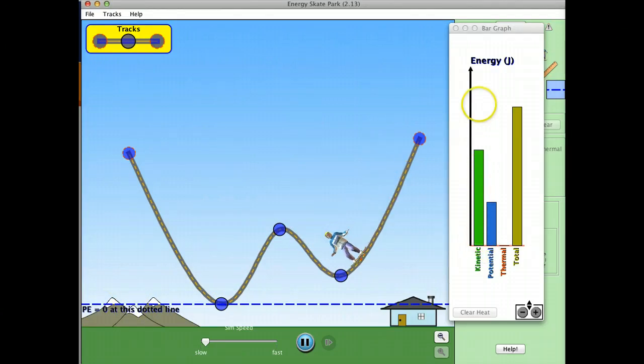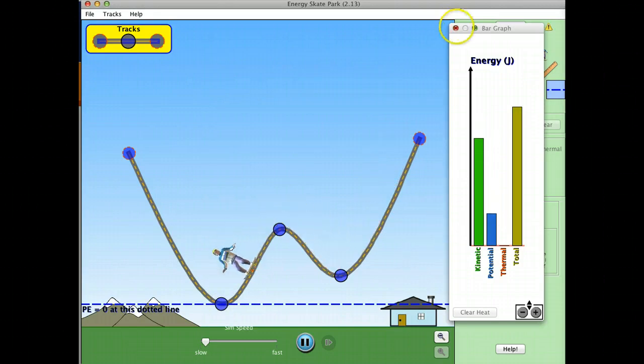So whenever he's moving, he's got some kinetic energy. The only time he doesn't have any kinetic energy is when he's stopped. So here he comes down. Kinetic energy is the highest here, back down, high, and back down. So he's going fastest here at C. That's where his greatest kinetic energy is.